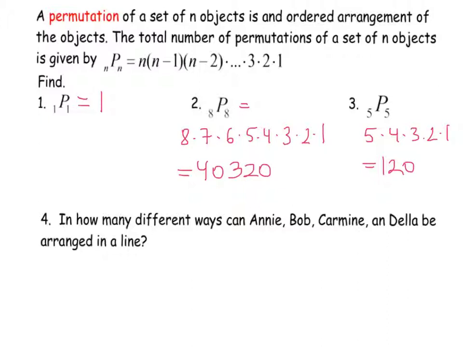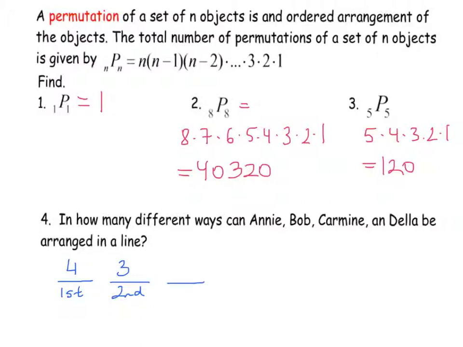In the next problem, it says, in how many different ways can Annie, Bob, Carmen, and Della be arranged in a line? We have a total of 4 students. If I want to make a decision chart, which is another way of showing how I can arrange these students, for my first slot I can choose out of 4 students. For my second choice, I can choose out of 3 students because the first student is not available anymore.